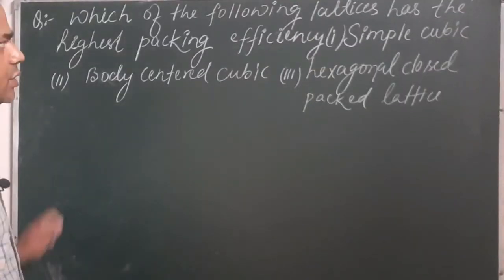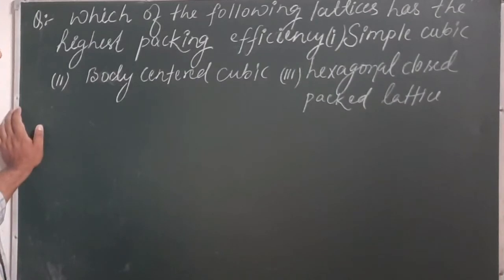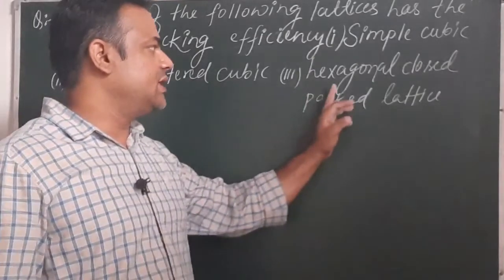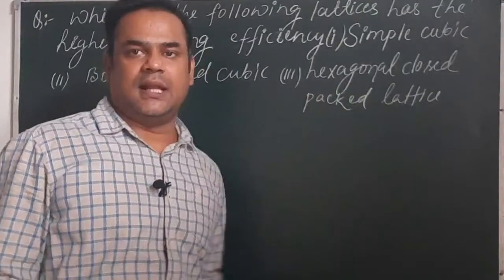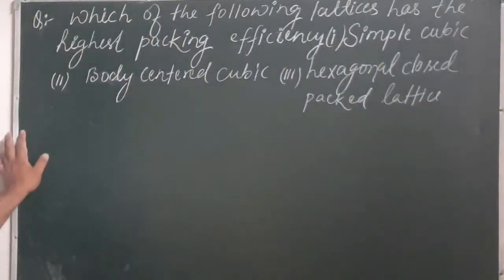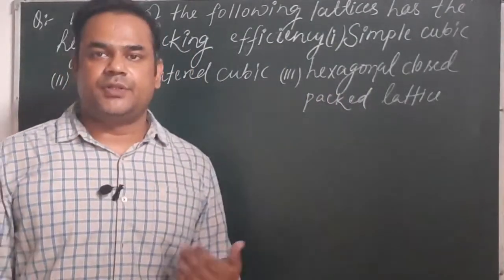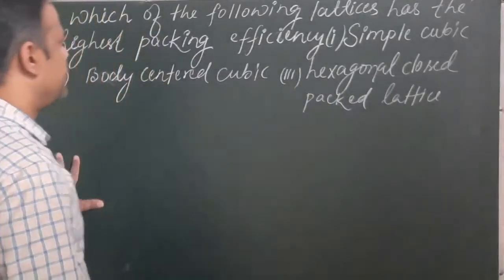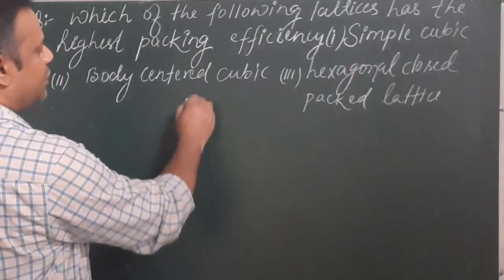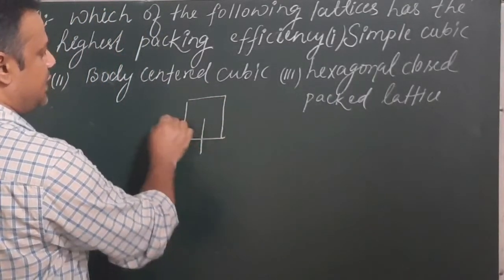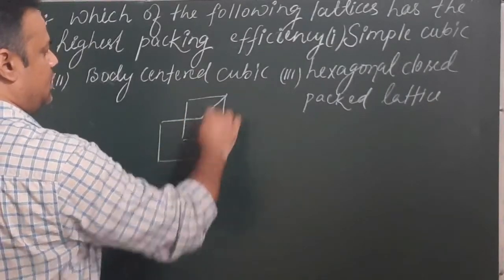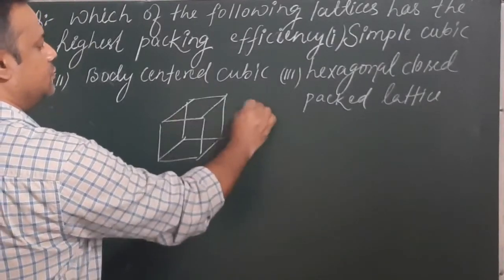So the next question is, which of the following lattices has the highest packing efficiency? First one is simple cubic, second one is body centered, and third one is hexagonal packed lattice. So we can solve this question on the basis of simple aptitude. We know that we have a unit cell. It has a certain volume, say a cube.